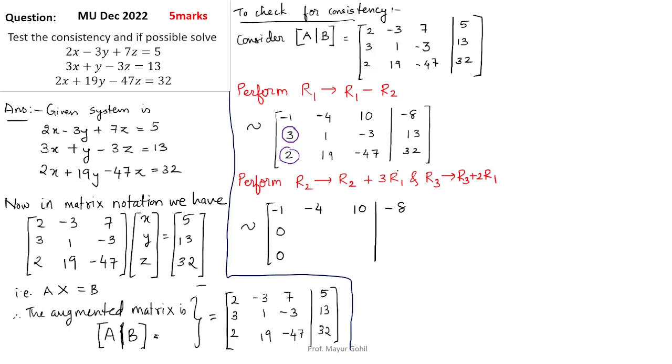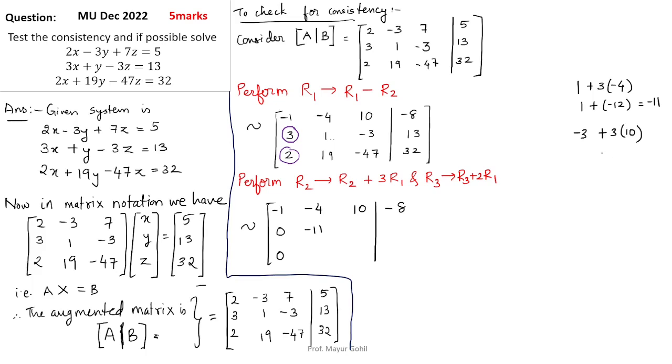So R2 is 1, this entry over here, and then there is plus 3 times of minus 4. So it is going to be 1 plus minus of 12, that is going to be minus 11. So here we have minus 11. Then there is minus 3 plus 3 times 10.